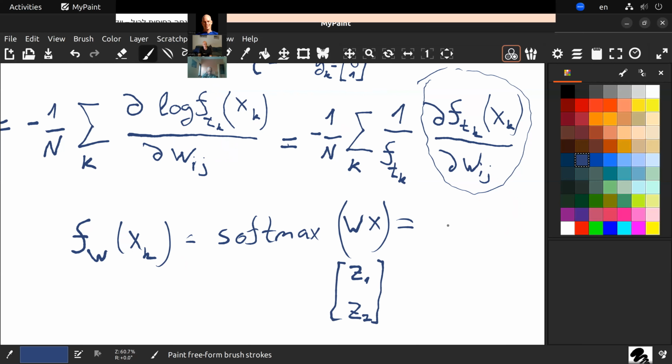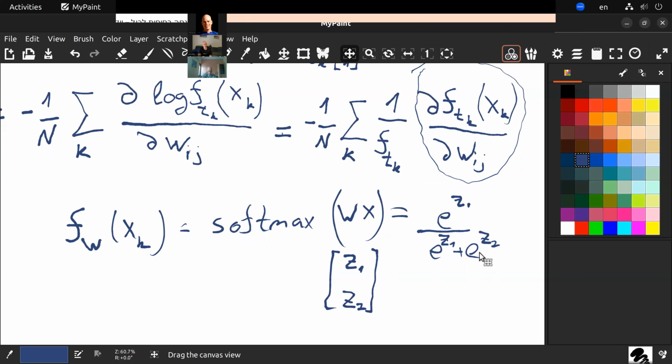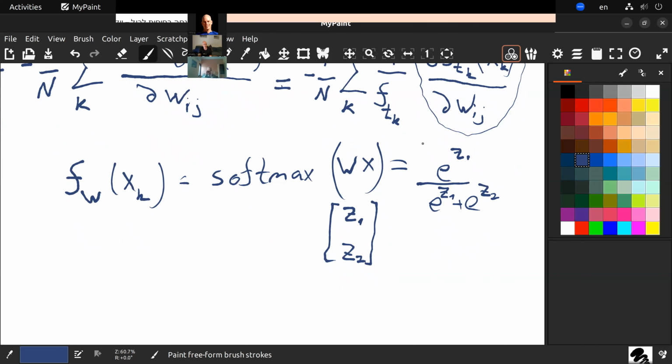So we have e to the power of z1 divided by e to the power of z1 plus e to the power of z2, right? This is the first coordinate of the vector. And the second coordinate of the vector is e to the z2 divided by the same thing, right?